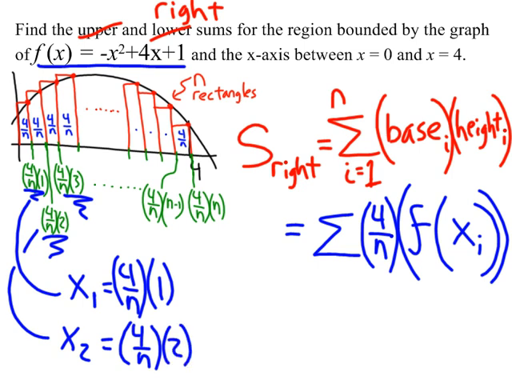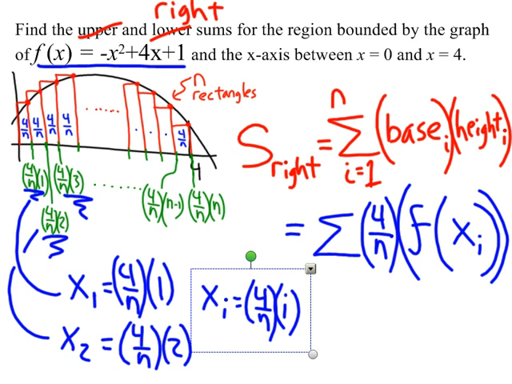And I'm going to say that just in general, the ith rectangle has an x value of 4 over n times whatever i is, right? So that's what I'd forgotten to do. That's what I really wanted to plug in on this equation over to the right. So I'll tell you what, I'm going to go ahead and just delete where I have x sub i and write in there 4 over n times i. Those are the actual x values that I need to plug in.